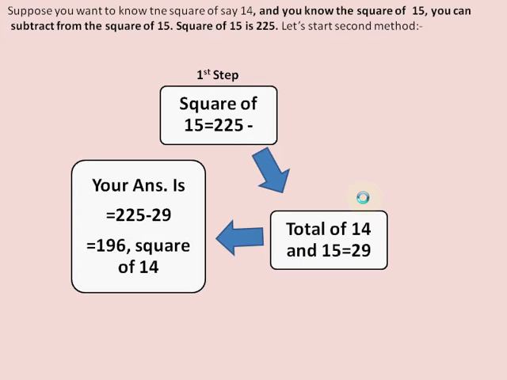In our last step our answer was 196, and in this step also 196. So you can calculate both ways, using the sum of the numbers if you know the preceding or the following number. You can calculate on that basis.